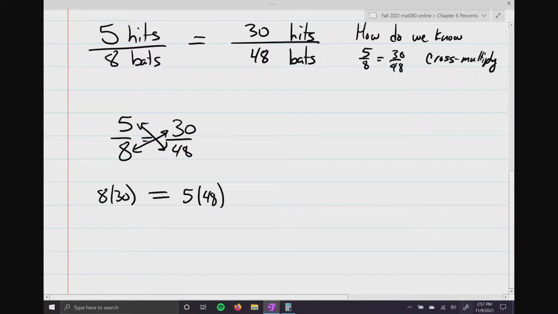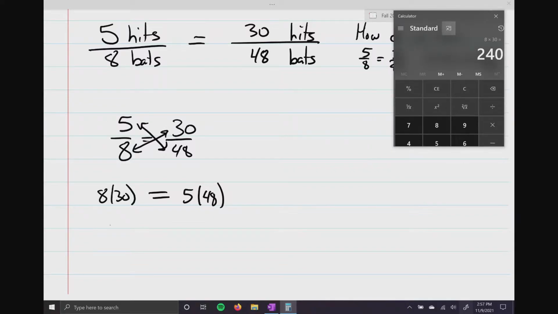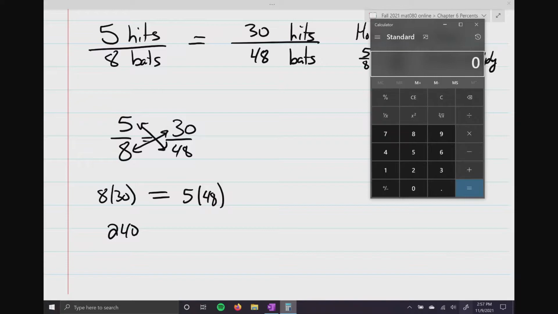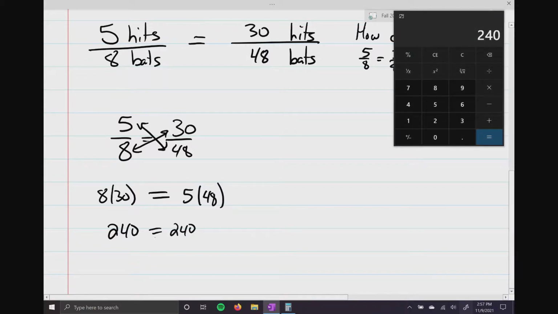So what's nice is we live in a world where we have a calculator, so we could do this real quick. 8 times 30 is 240. Now I'm going to do 5 times 48, and watch what you get: 240.